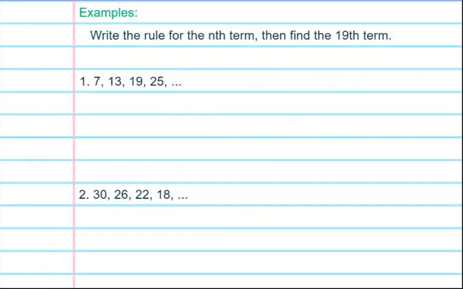Okay, so using that rule, they want you to write the rule. So that means writing the rule would leave n as n, and then they want you to find the 19th term. So for our first example, we have 7, 13, 19, 25. So first, my d: from 7 to 13, 13 to 19, 19 to 25, I'm adding 6 each time. My a1, my first term, is 7.